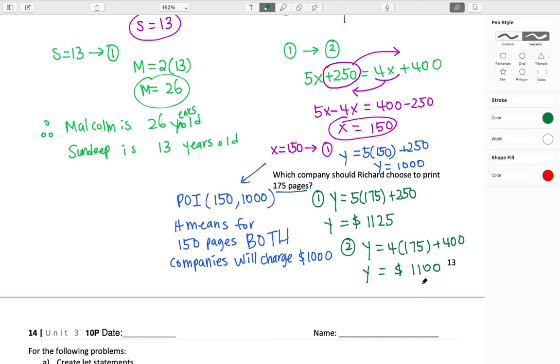By $25. So therefore, Richard should choose the second company to save $25.